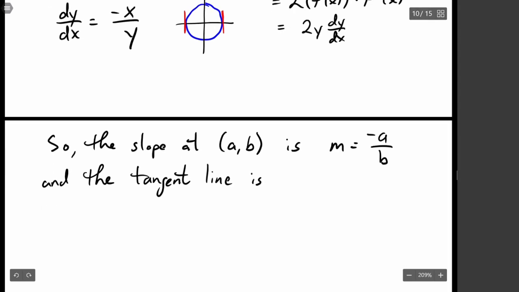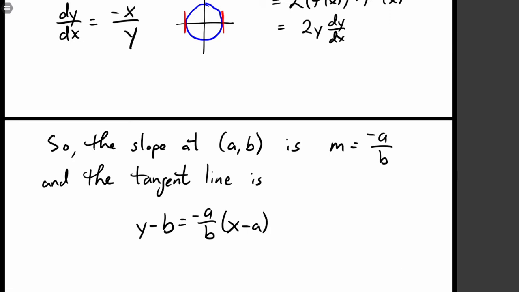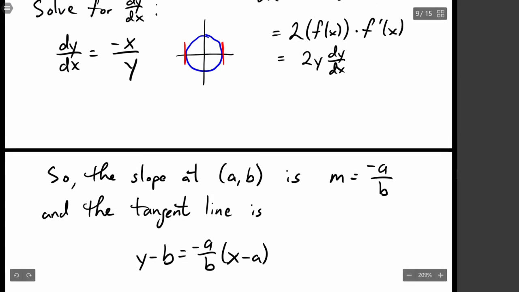So here's the slope. So we'll do y minus b equals negative a over b, x minus a. So here we just did this very generically, but without actually solving for y, we can find these derivatives. All right? So hopefully that makes sense.